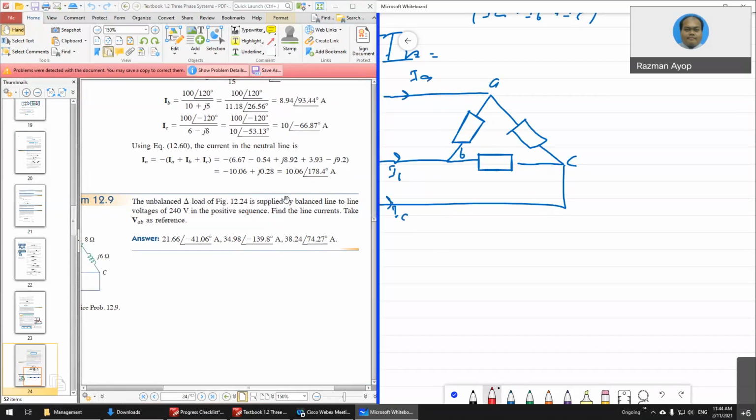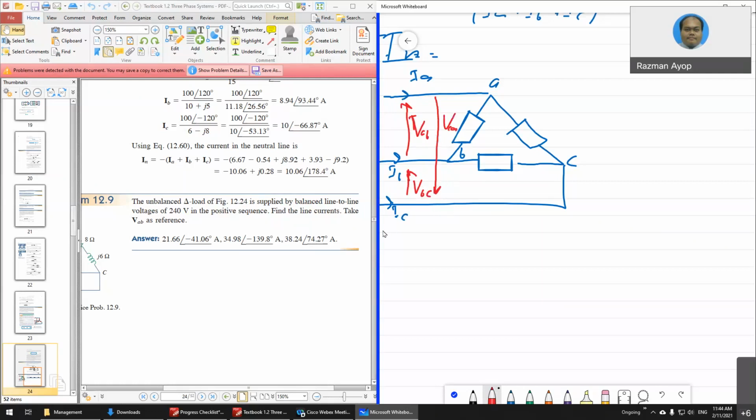So how about the voltage? It is line to line. So this one is VAB, VBC. Remember the arrow is from C to B, negative to positive. And then the last one is VCA.